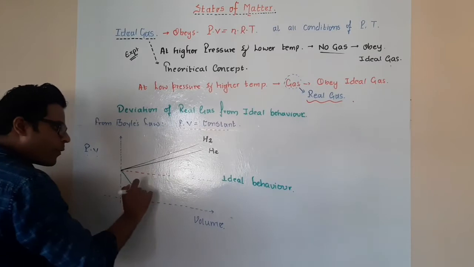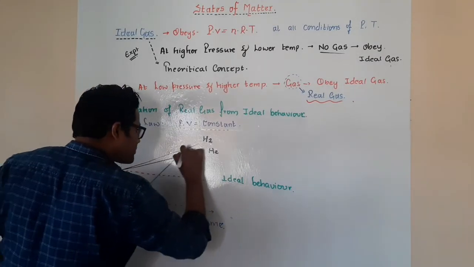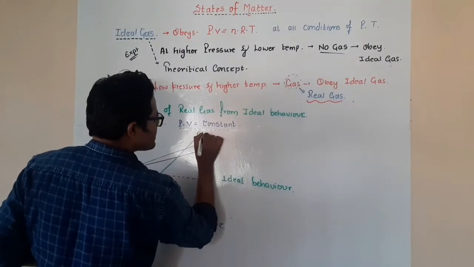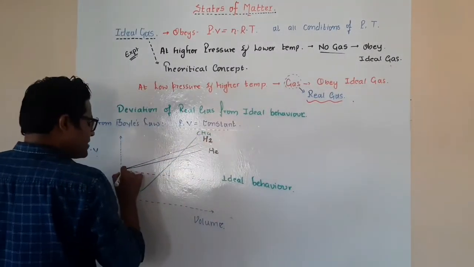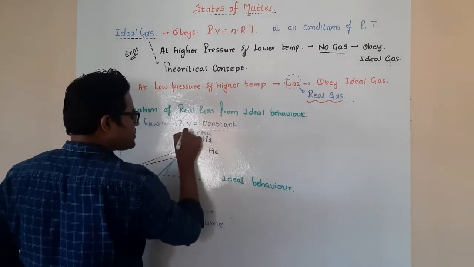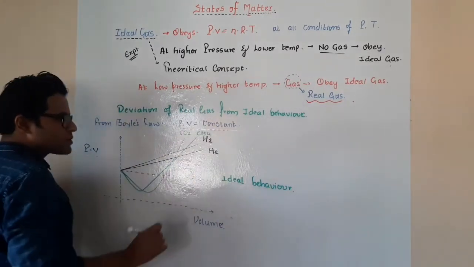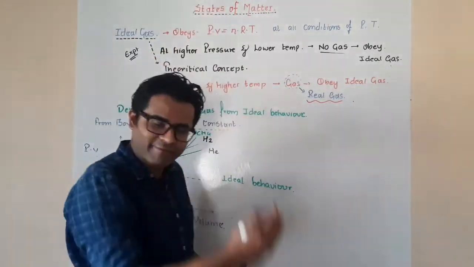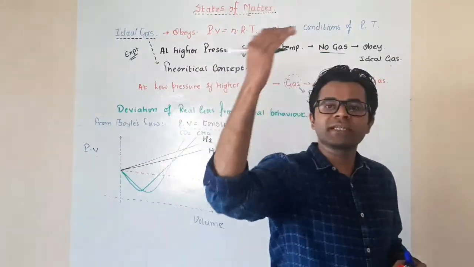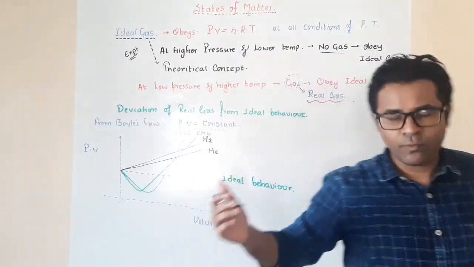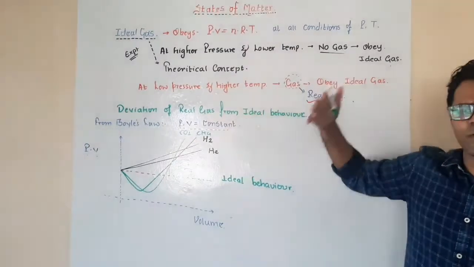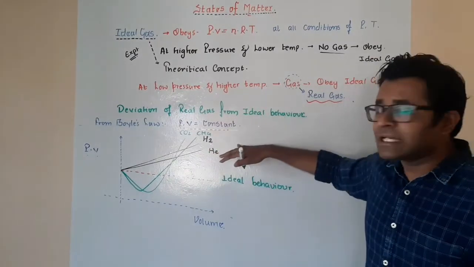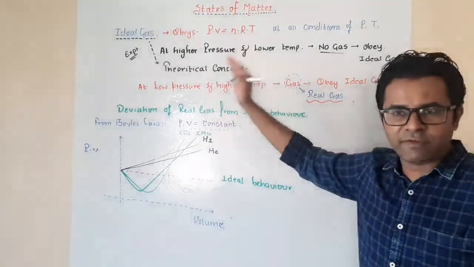It reaches a particular point and then slowly starts to rise, as in methane, and a similar condition is shown by carbon dioxide. So heavier gases first show negative deviation followed by positive deviation, while the lower molecular mass gases show a continuous positive deviation.